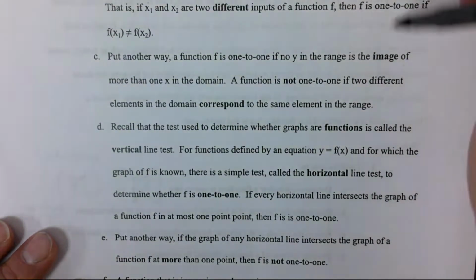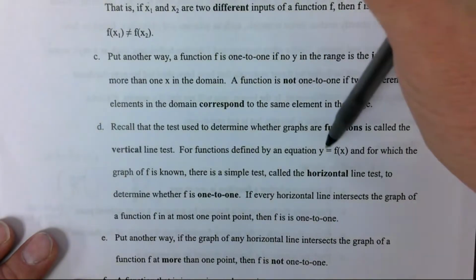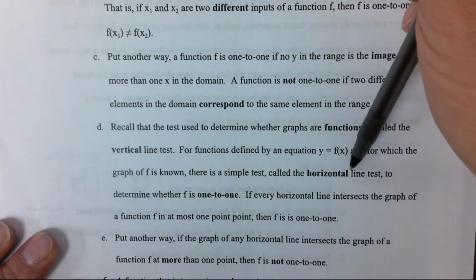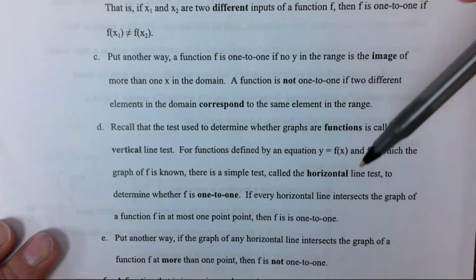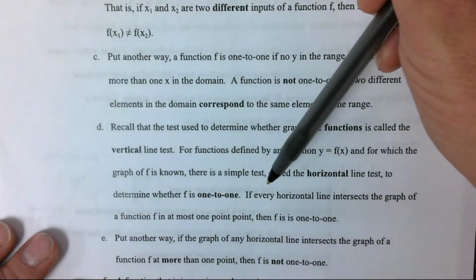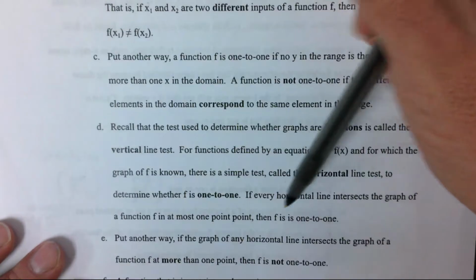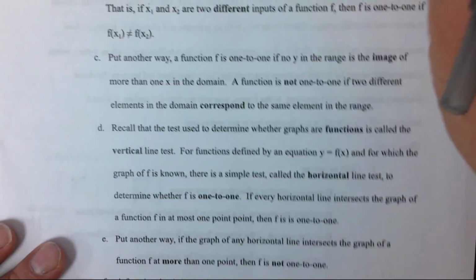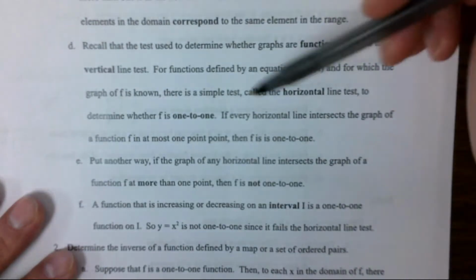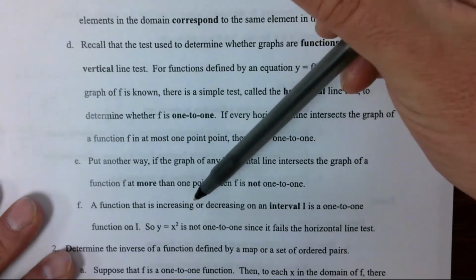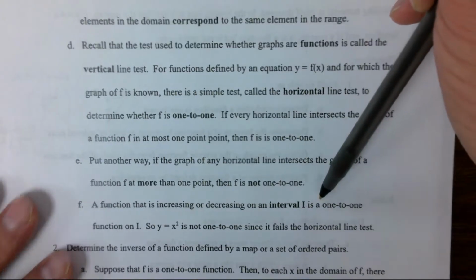Remember that we use the vertical line test sometimes. You can also use the horizontal line test to determine if it's one-to-one. So not only would it be a function, but the inverse would also be a function, which is why it would be one-to-one. And then we're also going to talk about a function that's increasing or decreasing on an interval.